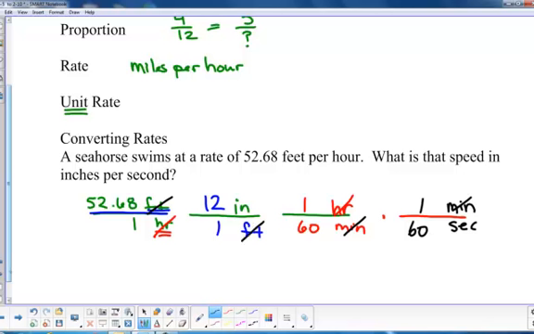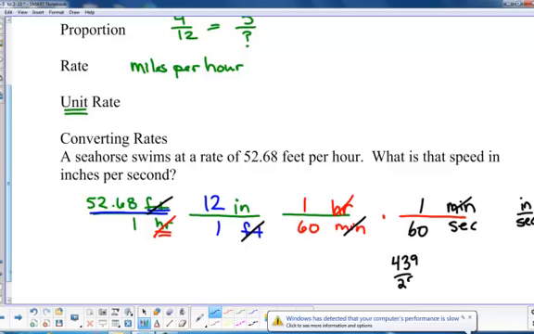The units end up in inches per second. And then you need to grab a calculator for this one, and you need to do the math. So on the calculator, 52.68 times 12 divided by 60, and then we have another divide by 60, would be, well, this calculator put it in fractions, so 439 divided by 2,500.